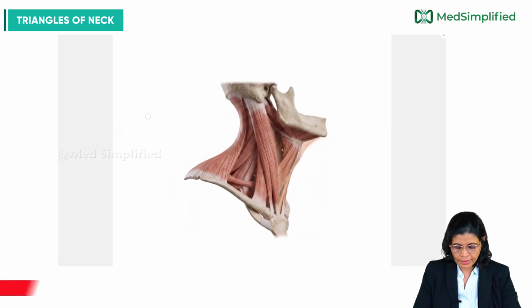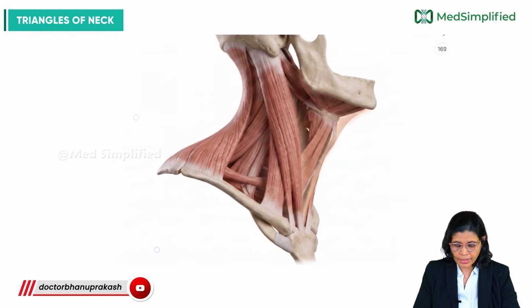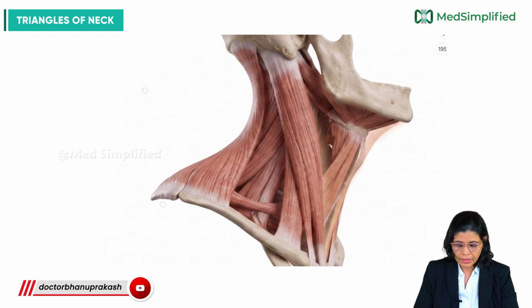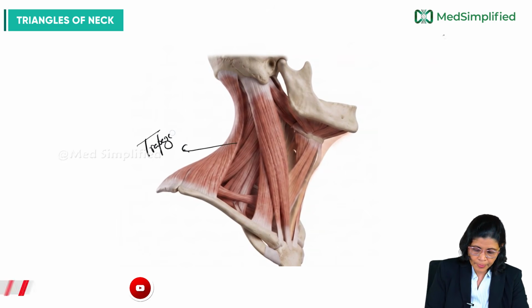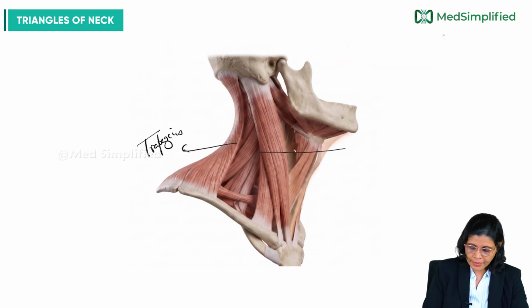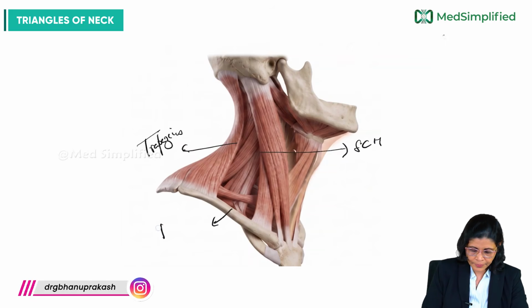Let's see a quick recap about the boundaries. We have the trapezius here, anteriorly the sternocleidomastoid, and this is the base formed by the middle third of the clavicle.